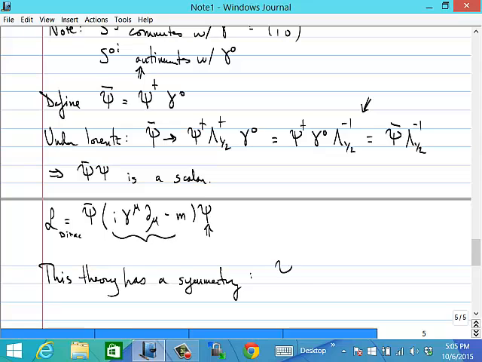Well, it's the symmetry where psi goes to e to the i alpha psi. So you multiply psi by some phase. And psi bar, remember, involves the Hermitian conjugate. So psi bar will get rotated by the opposite phase. And you can see that because the Lagrangian depends on psi bar times psi, it will be invariant under this symmetry transformation.